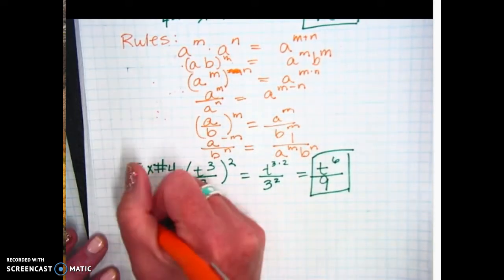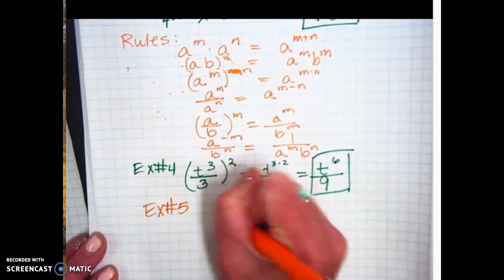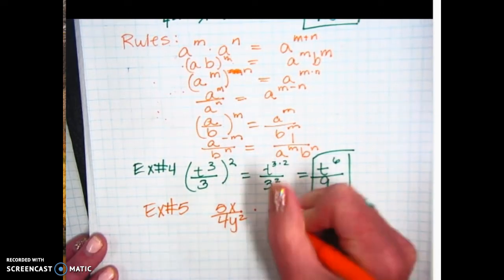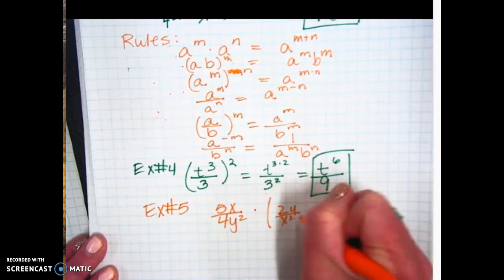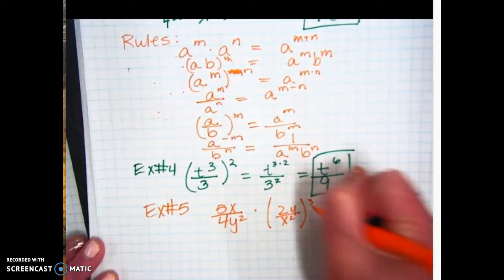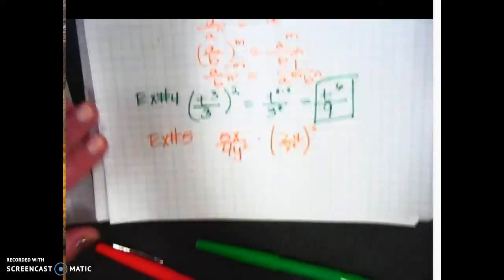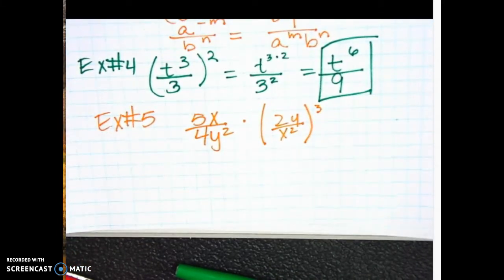All right, one more. Example number 5. 5x over 4y squared times 2y over x squared, all to the third. There we go.